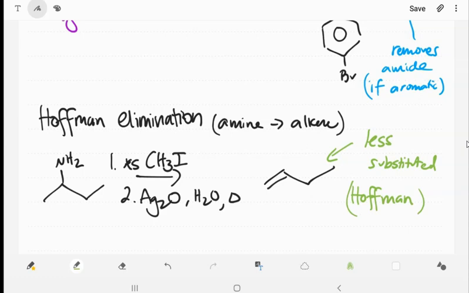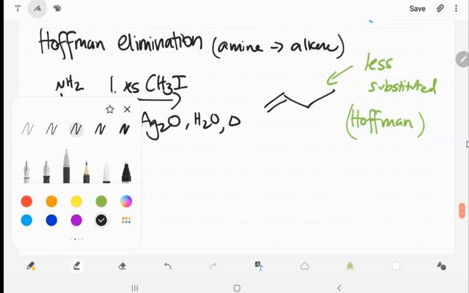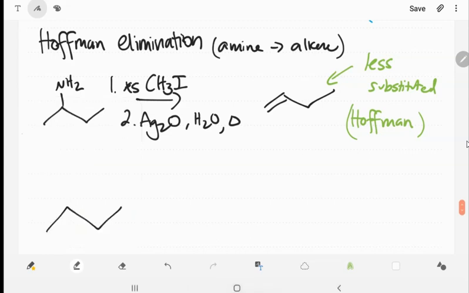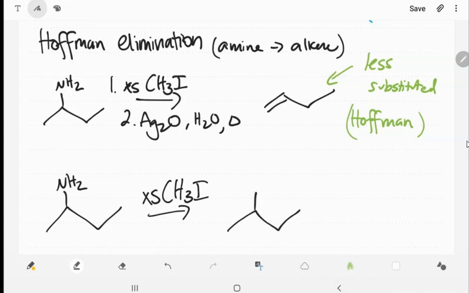So the reason for this is because as we polyalkylate this thing, let's look at excess CH3I, we end up just doing plain old SN2s on this thing. We have our excellent leaving group.